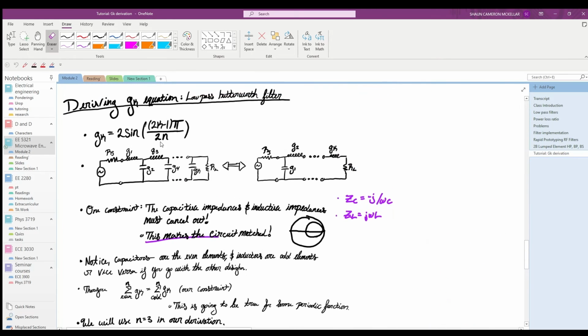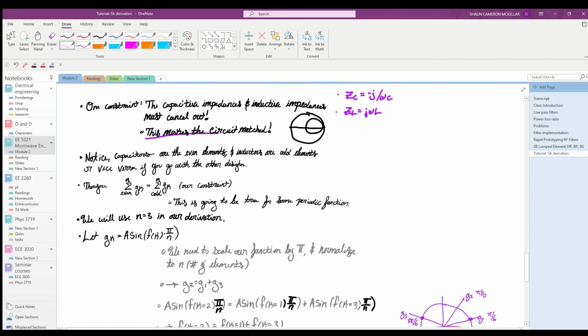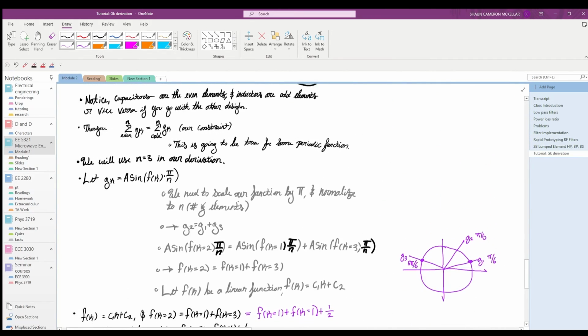It's to go up here and look at this equation, plug in n equals 1 and k equals 1, and what you'll find is that for n equals 1, g sub 1 equals 2. Or really what's happening is this whole argument goes to pi halves, so that the sine function is evaluated as 1.